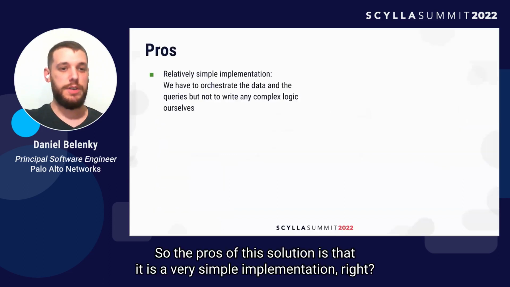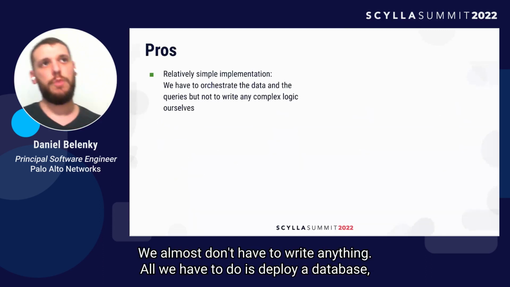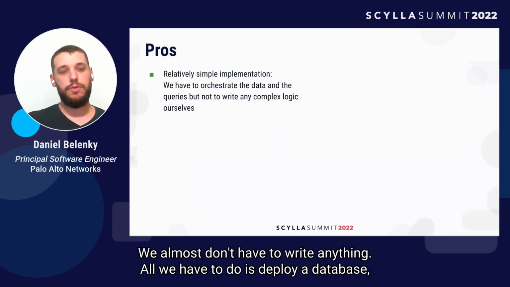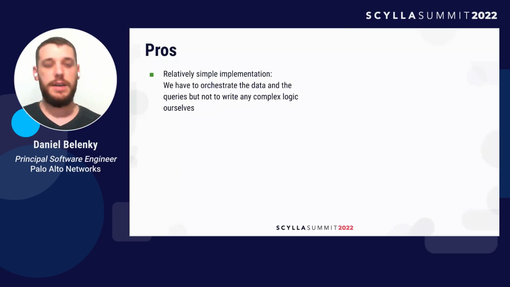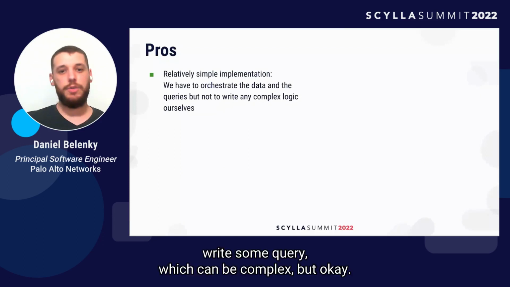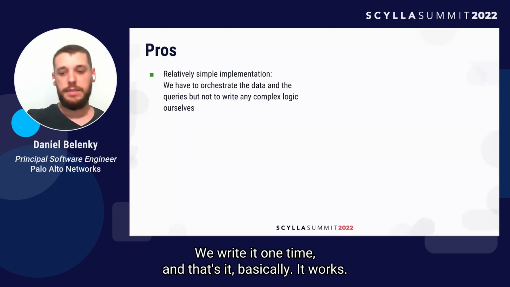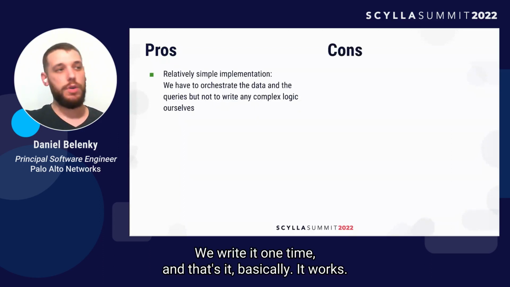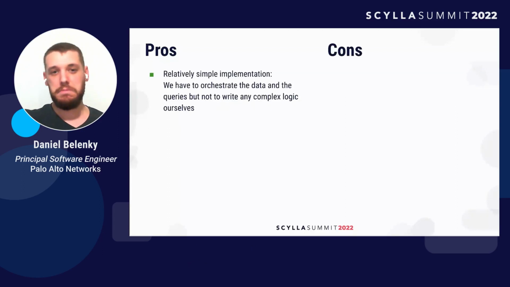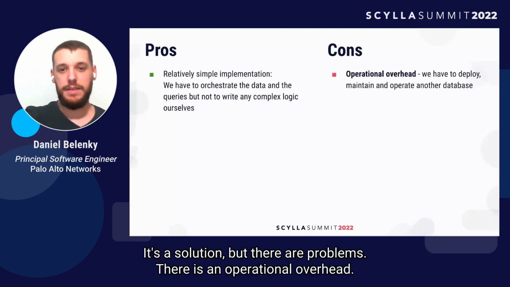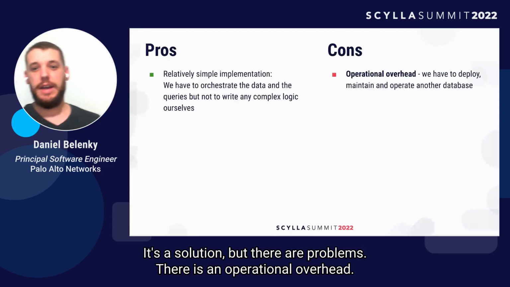So the pro of this solution is that it is a very simple implementation, right? We almost don't have to write anything. All we have to do is deploy a database, write some query, which can be complex, but okay, we write it one time, and that's it. Basically, it works. It's a solution, but there are problems. There is an operational overhead.